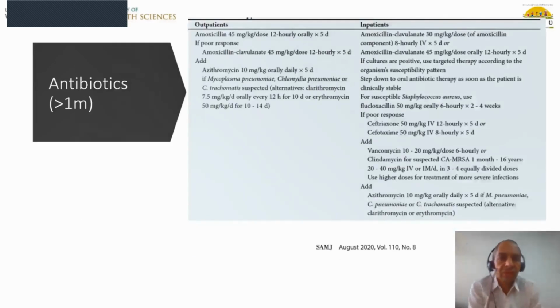Moving on to consider the larger group of patients, those above 1 month of age, or certainly above 2 months of age, we can reasonably consider outpatient therapy for them. And initially outpatient therapy, because most of those studies that I mentioned suggesting Staph aureus and non-typeable Haemophilus were performed in hospitalized patients.